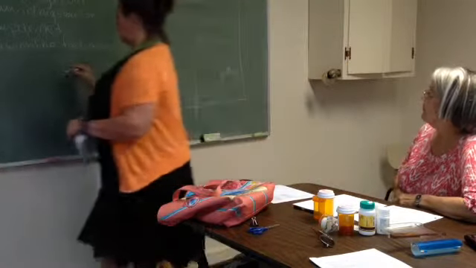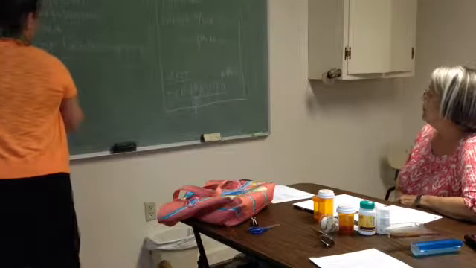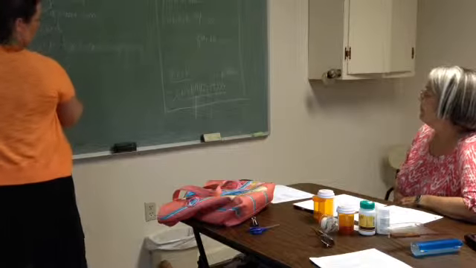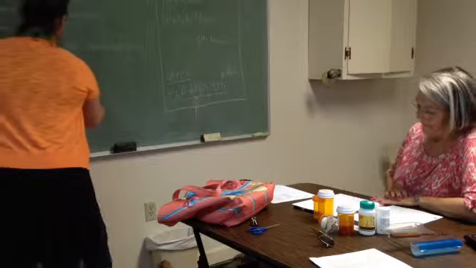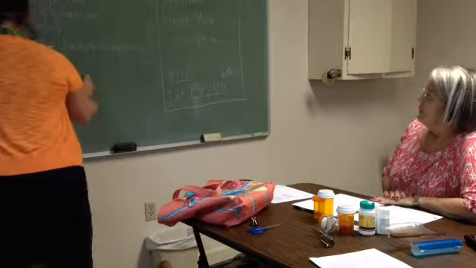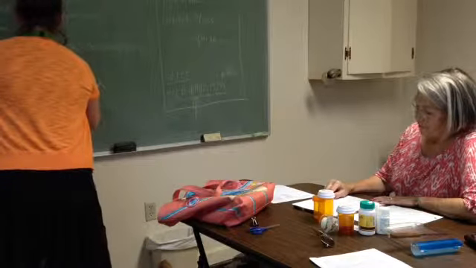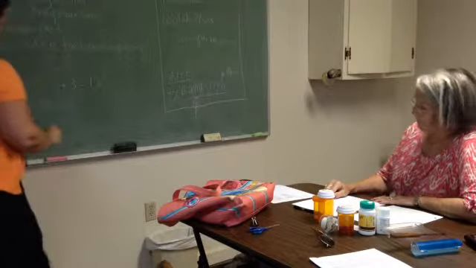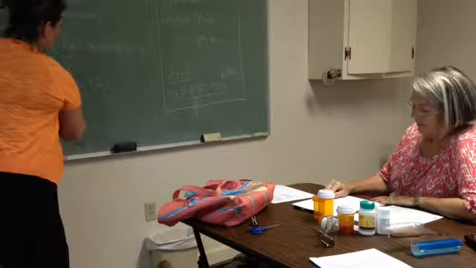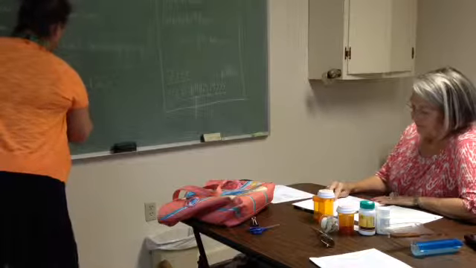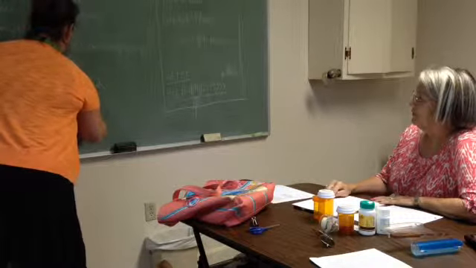Our second check is our first, third, and fifth digits, which is 2 plus 7 plus 3 plus 12. Then we do our second, fourth, and sixth digits, which is 5, 4, and 5.